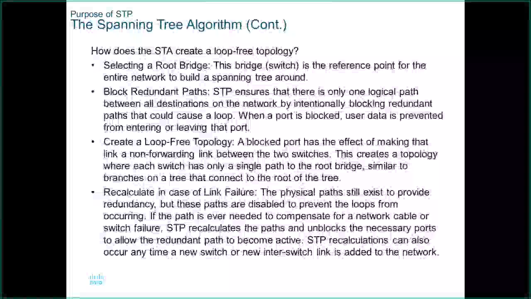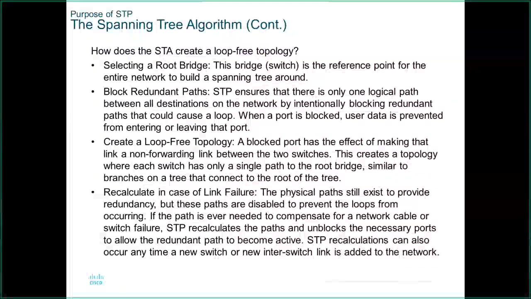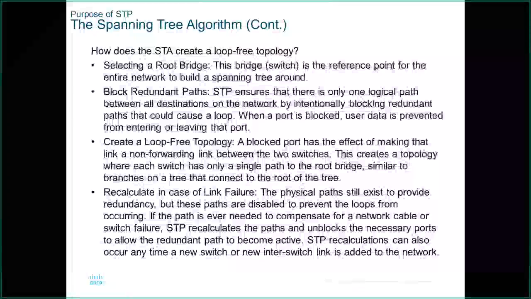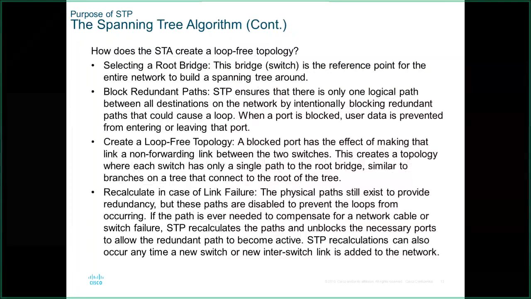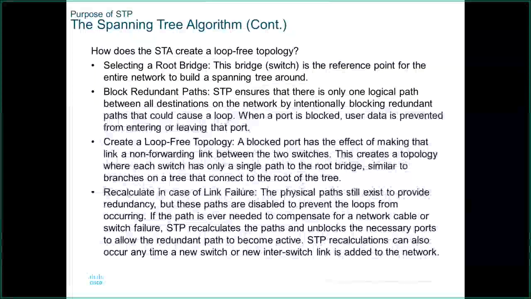So a port that is blocked can still receive information, it just can't send information. So it's still monitoring the network and hearing everything that's going on, it's just not forwarding data. Okay, so this blocking of the port generates your loop-free topology with a single path up to the root bridge.